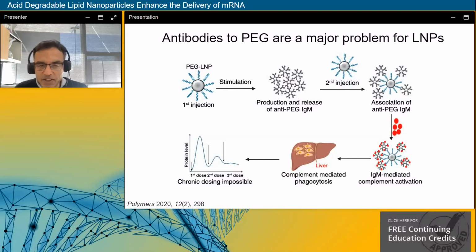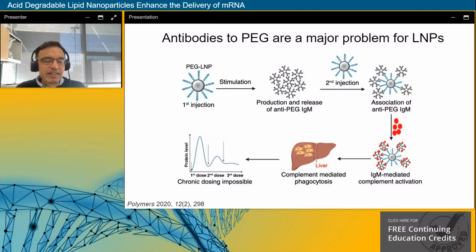It's been widely known that a lot of PEGylated therapeutics, after the first dose, will cause the production of IgM and IgG, and that can be very detrimental because when you do the second dose, this IgG will start binding the PEG on your therapeutic, and that will cause the activation of complement, which will cause tremendous amounts of inflammation and will also lead to phagocytosis and the elimination of your product.